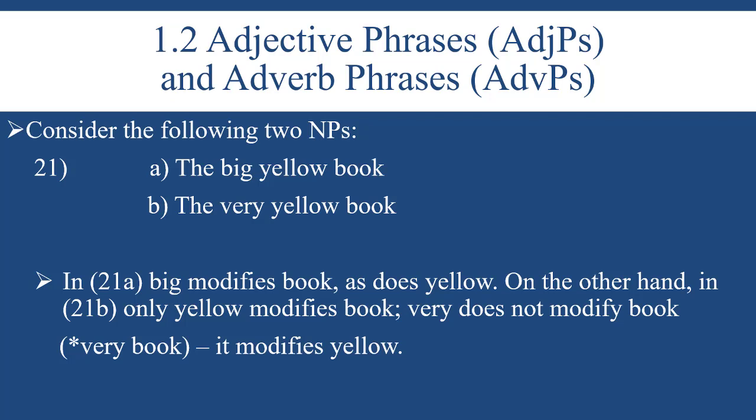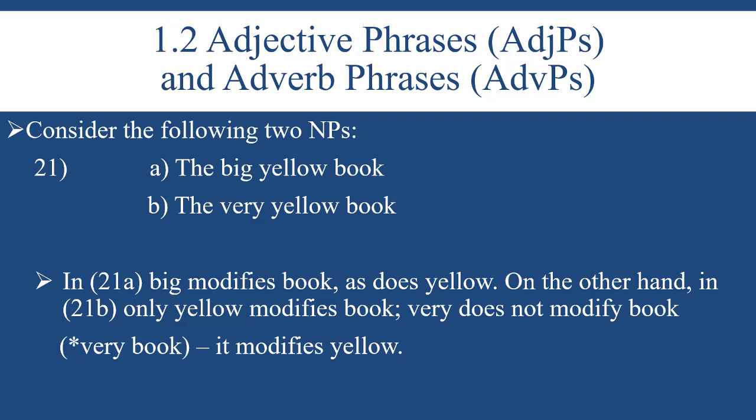Consider the following 2 NPs: the big yellow book, the very yellow book. In 21a, big modifies book, the big book, okay? So big modifies book, as does yellow. So in sentence A, we have big and yellow, both of them modify book.